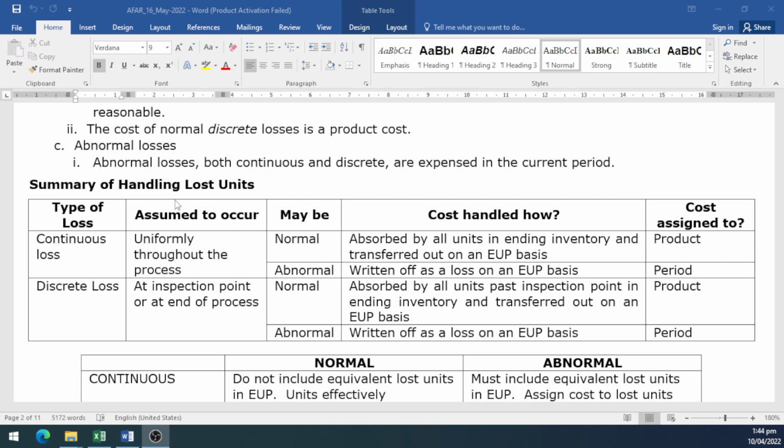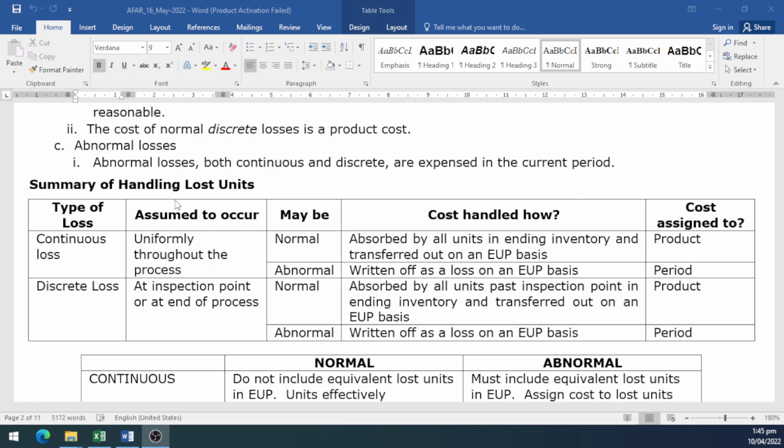While discrete loss, these are losses that is detected at inspection point or at the end of the process. Ibig sabihin po, merong specific point kung kailan yan nangyari. Either specific inspection point or at the end of the process. Yung continuous loss naman, during the process nangyayari, continuous.